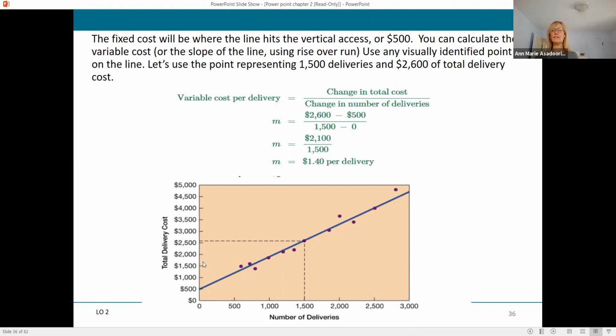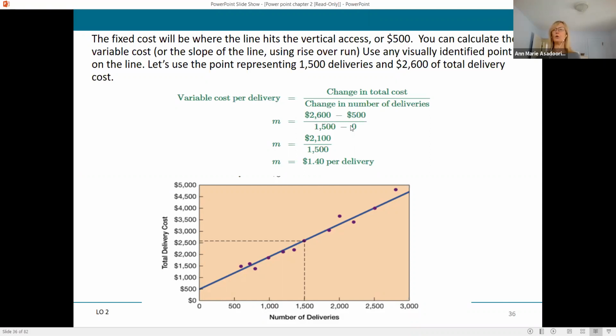You're going to look at the change in your cost from 500 to 2,600, and then you're going to be looking at the change in your volume from 0 to 1,500, right? So it's rise over run, change in cost, which is 2,600 and 500, and then the change in deliveries, 0 to 1,500.